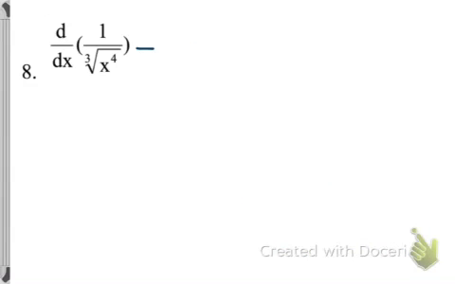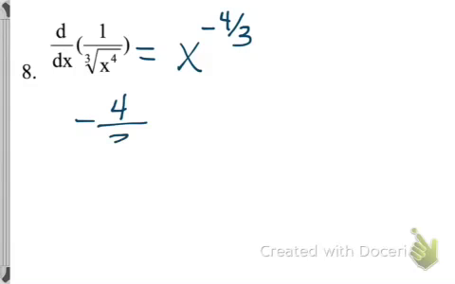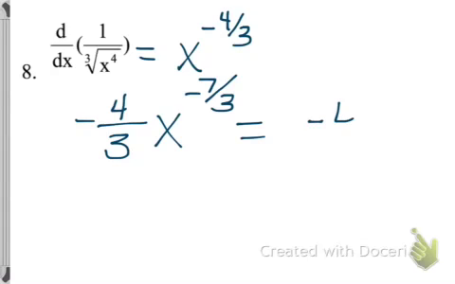Okay, next one, write this as x to some power. So this would be the same thing as x to the negative 4/3 power. Now once I've done that, take the exponent down, subtract 1, and I get negative 7/3. Rewrite it as a root function, which usually we do. Oops, sorry about that.